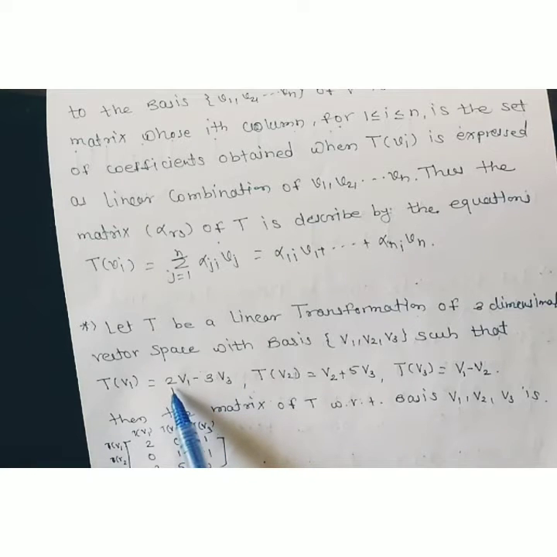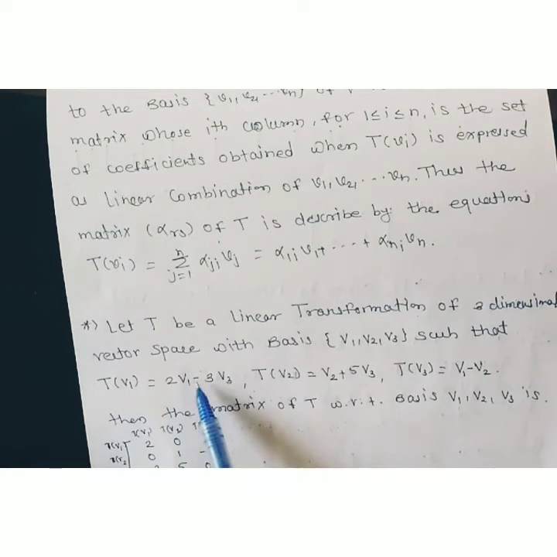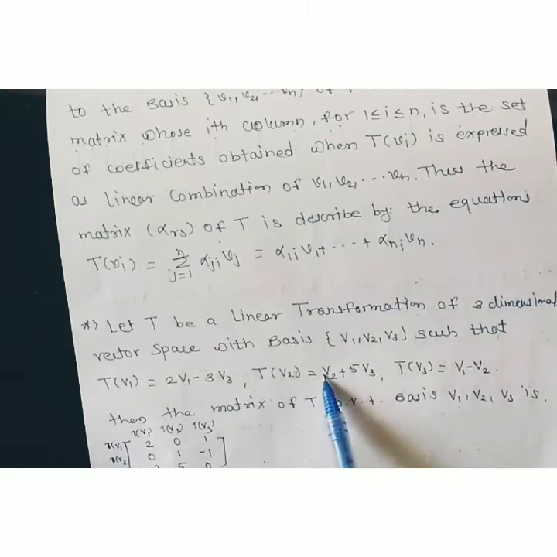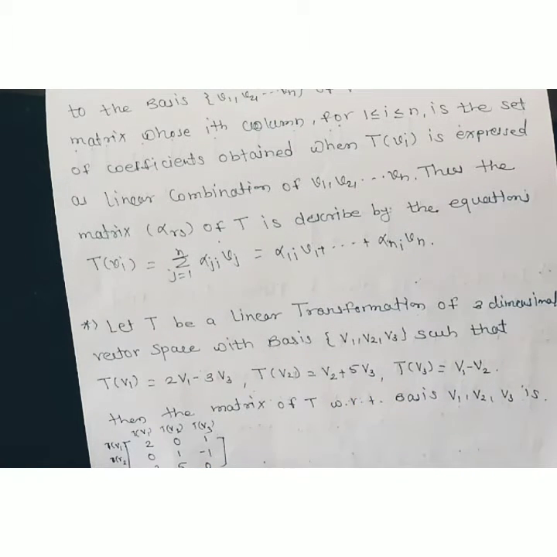Therefore the coefficients are 2, 0. Why 0? Because v2 is not present, so its coefficient must be 0, and then minus 3. So the first column is 2, 0 and minus 3. For the second column, v1 is not present, therefore the coefficient of v1 is 0, the coefficient of v2 is 1 and the coefficient of v3 is 5, so the second column is 0, 1 and 5.